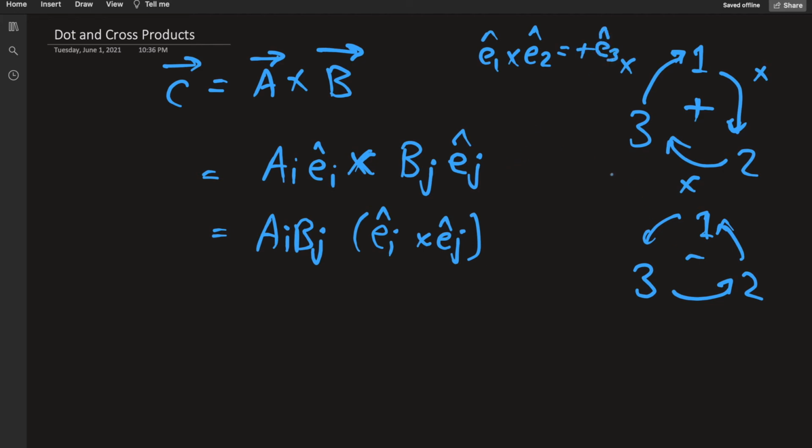But if we're in the opposite direction, because a cross product is anti-commutative, we're going to get a negative. If it's e2 cross e1, for example, you're going to get a negative e3 because you're going in this direction and you have to use the negative.